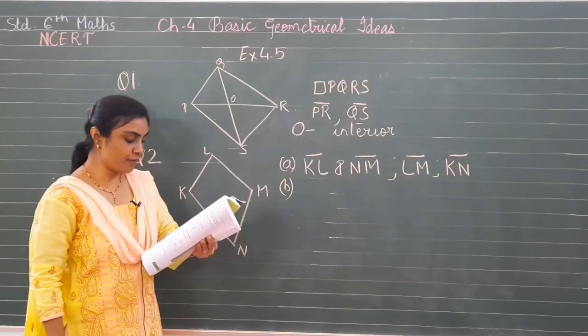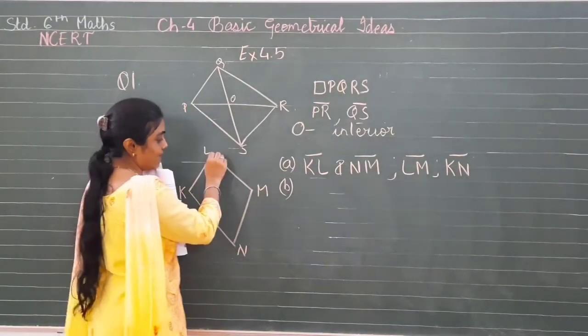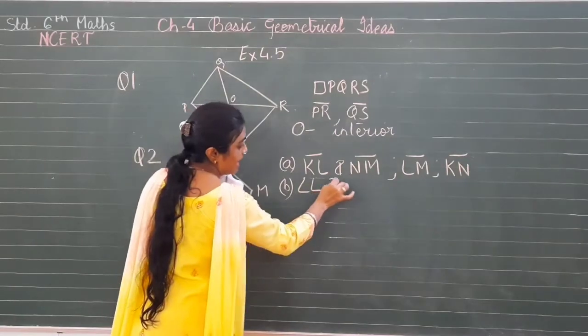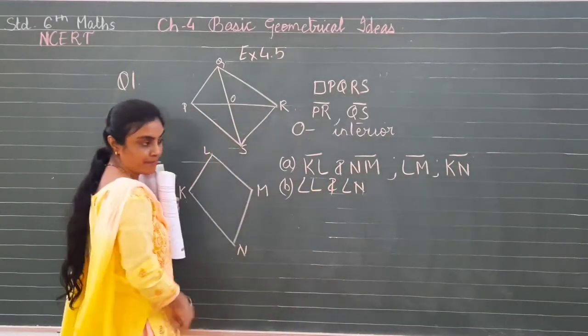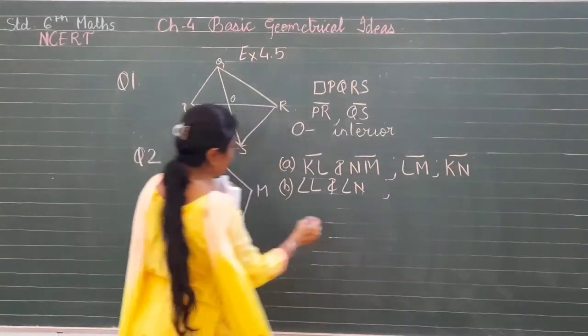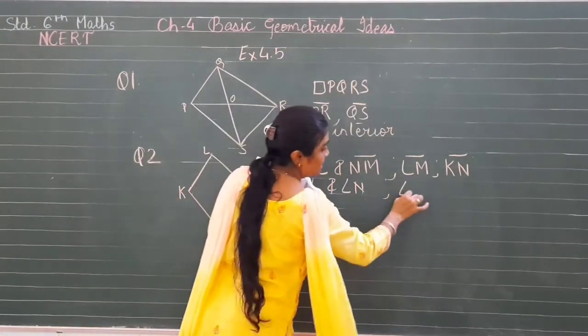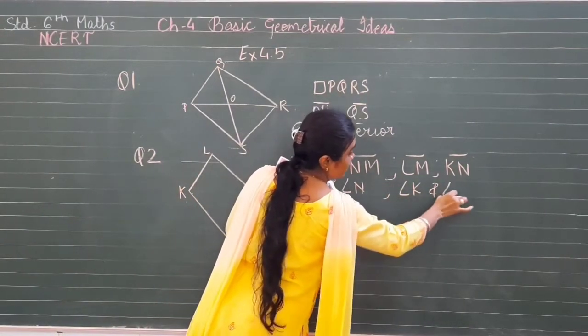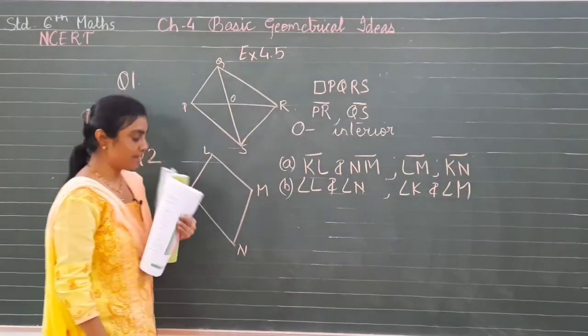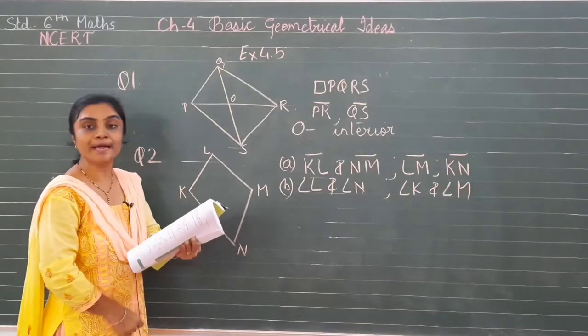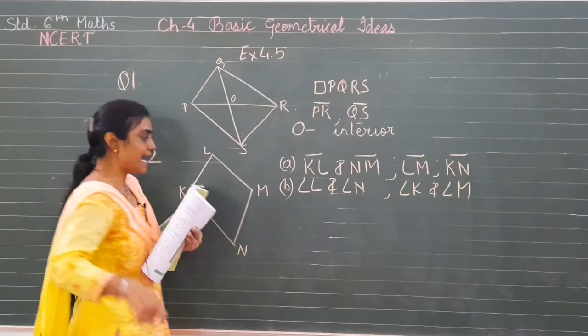B, two pairs of opposite angles. So angle L and angle N. These are two pairs of opposite angles, and another pair is angle K, which is opposite to angle M. So these are the opposite angles. Now let us see two pairs of adjacent sides.